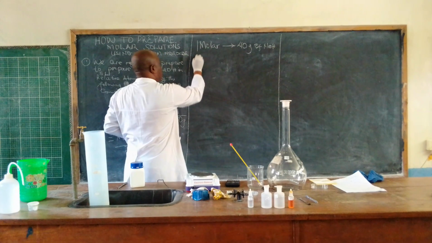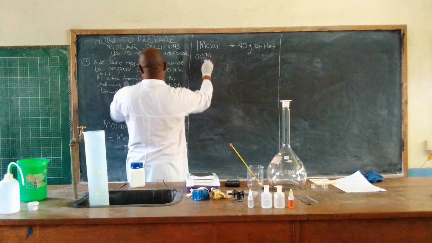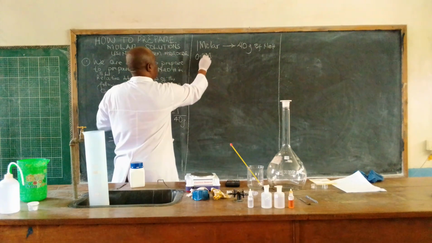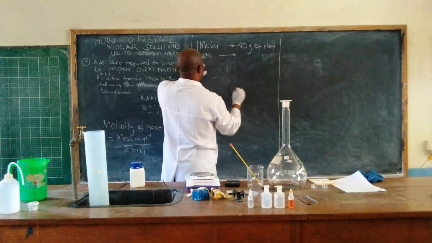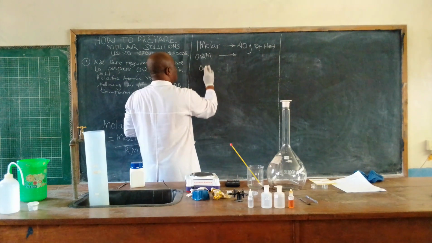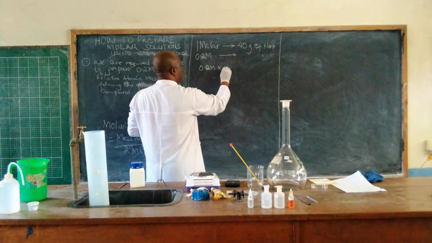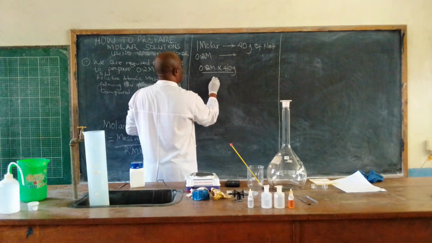What about for 0.2 molar? We are supposed to make 0.2 molar. So we are going to cross multiply here to get 0.2 molar times 40 grams over 1.